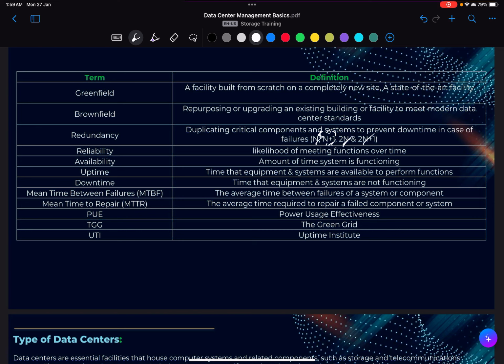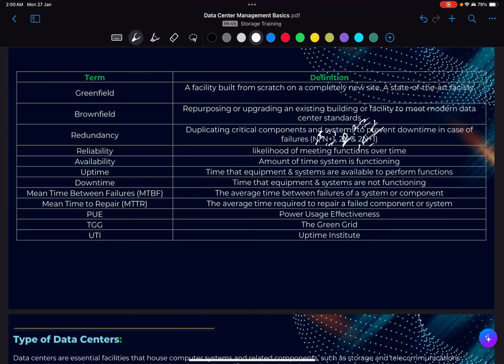Then you have 2N, a cluster system where you have two systems live and working, or even one active and one passive. Now 2N plus 1, where you have the redundancy as well as two clustered components in any application or server. If something happens on this particular server, it will go to another server, and if something else happens, then it will go to the redundant one.